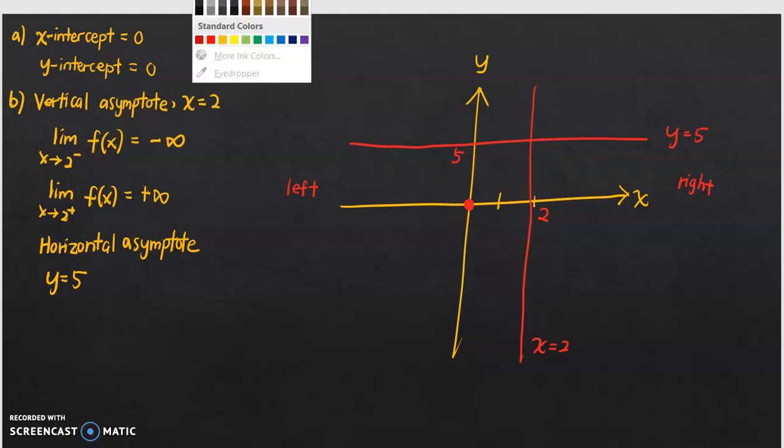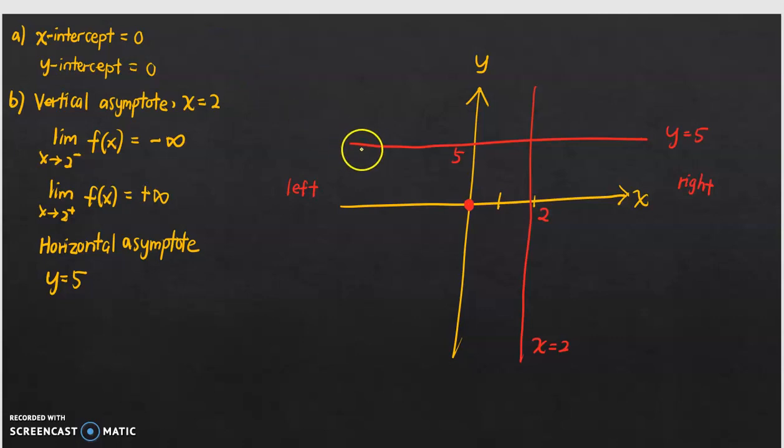So I start to sketch our graph. When I approach 2 from the left-hand side, my graph will approach negative infinity.